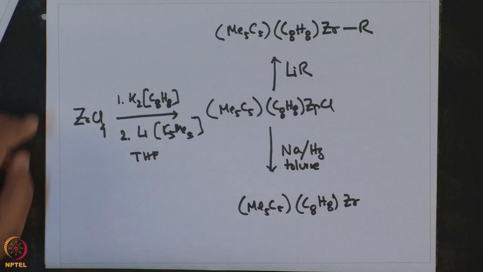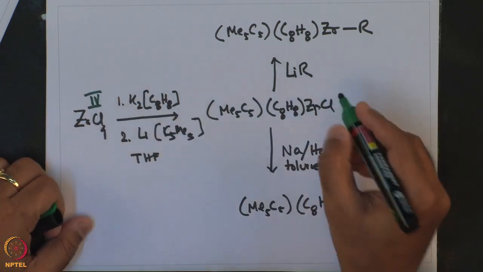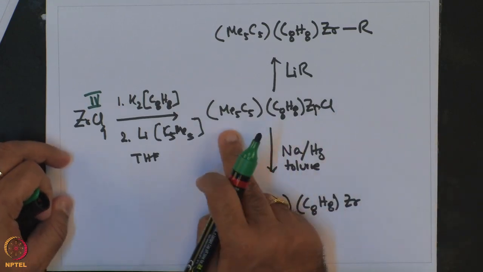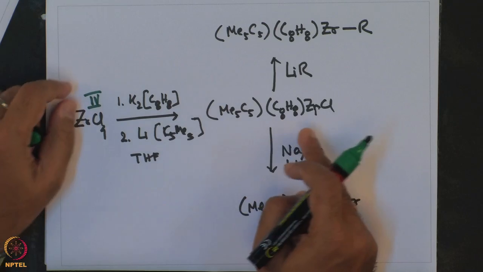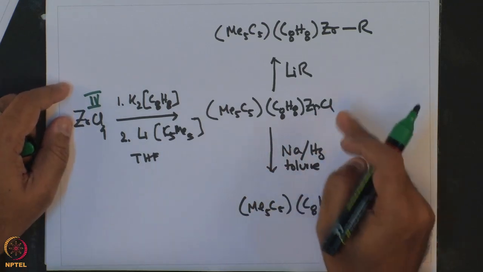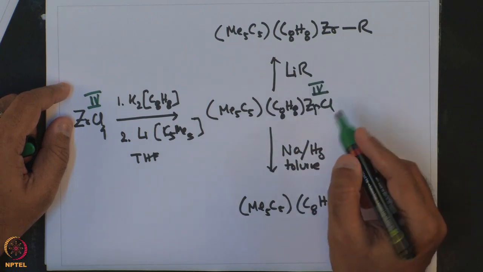To see the oxidation state over here, zirconium is in +4 oxidation state. When one makes this pentamethyl Cp dianionic C8H8 zirconium chloride, then also zirconium is in +4 oxidation state.